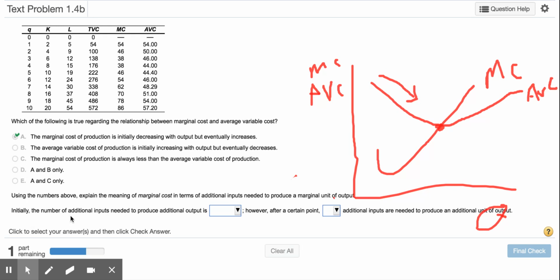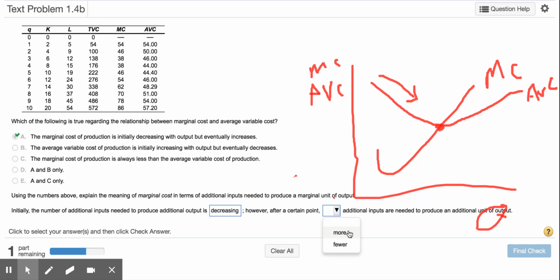Let's read this question carefully. Initially, the number of additional inputs needed to produce additional output is decreasing. However, after a certain point, the additional input needed increases.